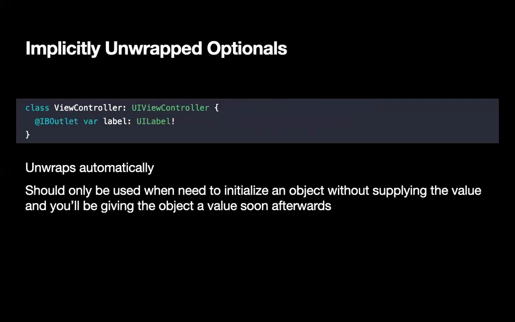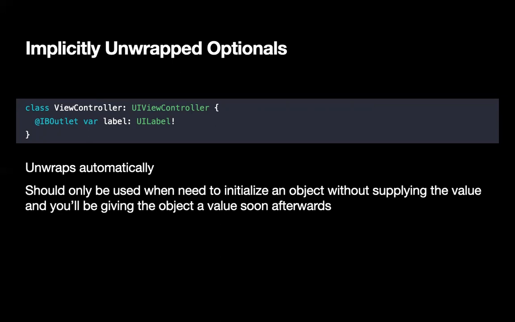The next part is implicitly unwrapped optionals. Here, an object cannot be initialized until all of its non-optional properties are given a value. But in some cases, particularly with iOS development, some properties are nil for just a moment until the value can be specified after initialization.